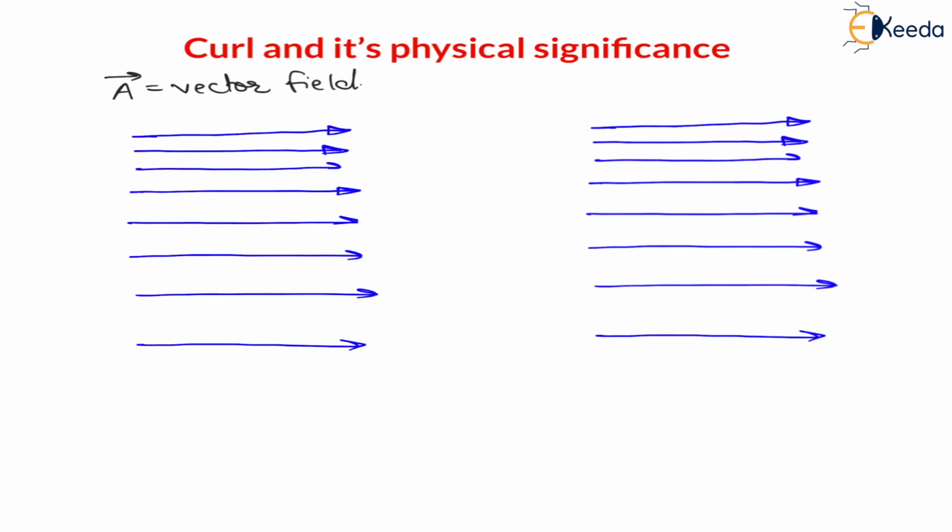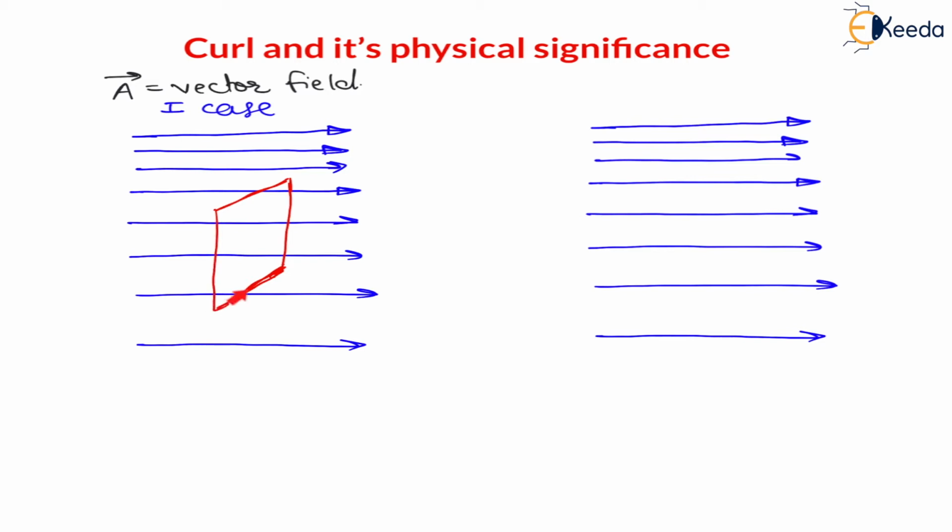In the first case, my closed loop will be perpendicular to the x-axis, means it is along the y and z axes. Let us say the loop will be like this. Let us say this is the z axis and vertical is the y axis. Our loop is like this.